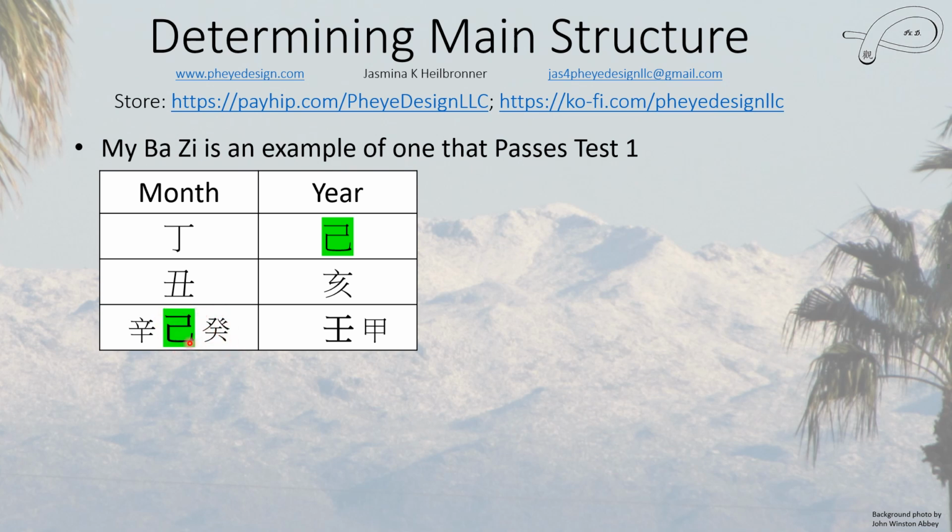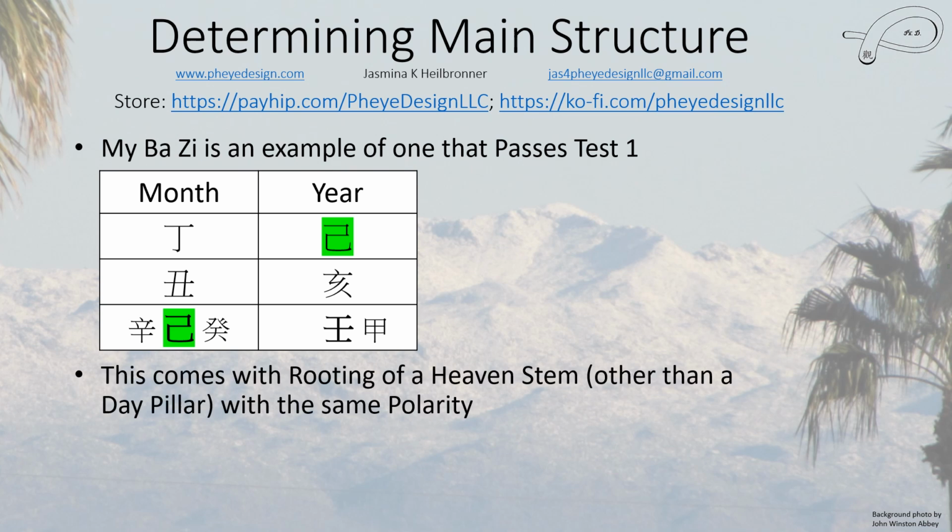But I do have, with the year, I have this link. So this is determined, and everybody seems to agree on this, that for me, this is IW, indirect wealth, that is my main profile or main structure, depending on who's doing the analysis. It's the same thing, they just name it differently. So it passes, and it's consistent.